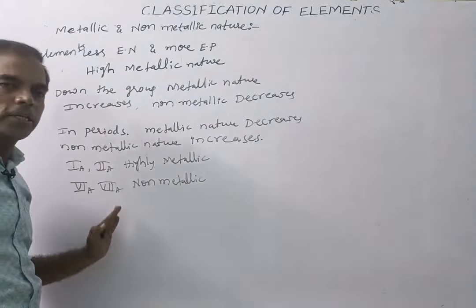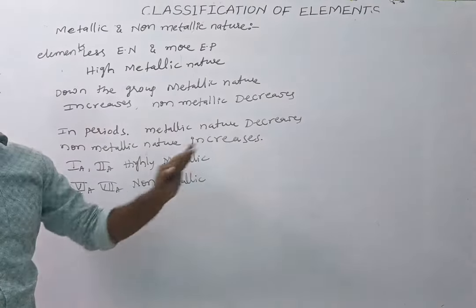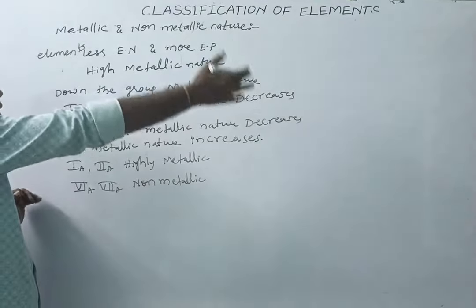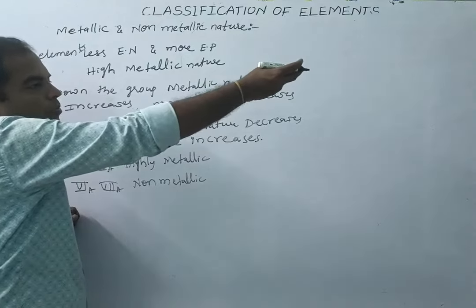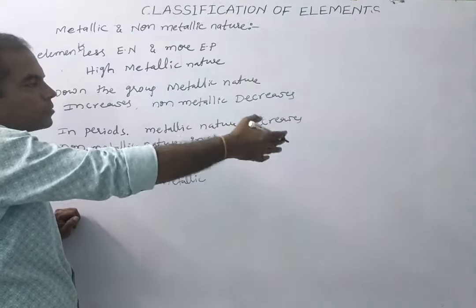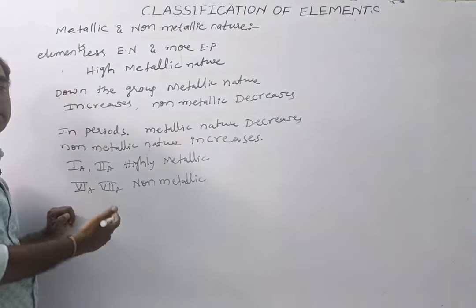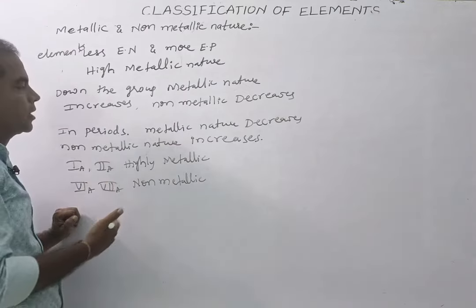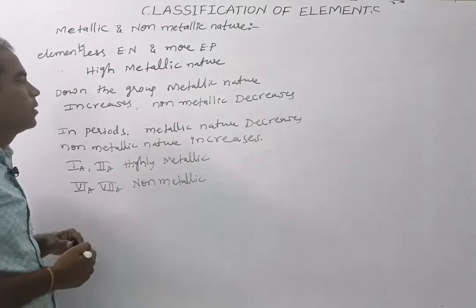Down the group, non-metallic nature decreases; along the period, non-metallic nature increases. That's the reason why on the right side, fluorine, chlorine, bromine are non-metals. On the left side, alkali metals and alkaline earth metals, groups 1 and 2, are metallic in nature.